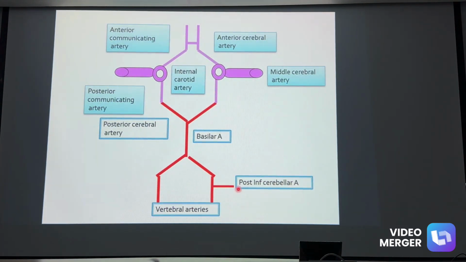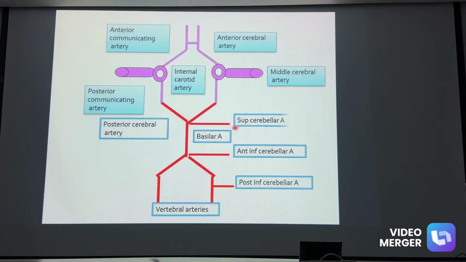This is the posterior inferior cerebellar artery arising from the vertebral artery directly. This is the anterior inferior cerebellar artery arising from the early segment of the basilar artery.